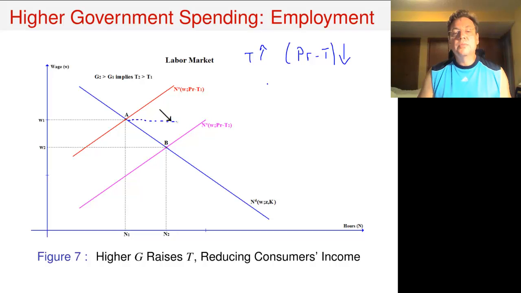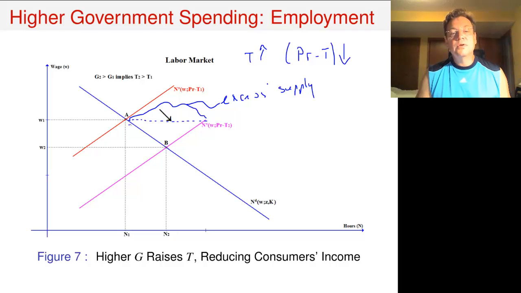So how does equilibrium in the labor market get reestablished? Well, at the original wage, W1, there's now going to be an excess supply. This is excess supply of labor of that amount. When there's an excess supply, firms are going to start to bid down the wage.